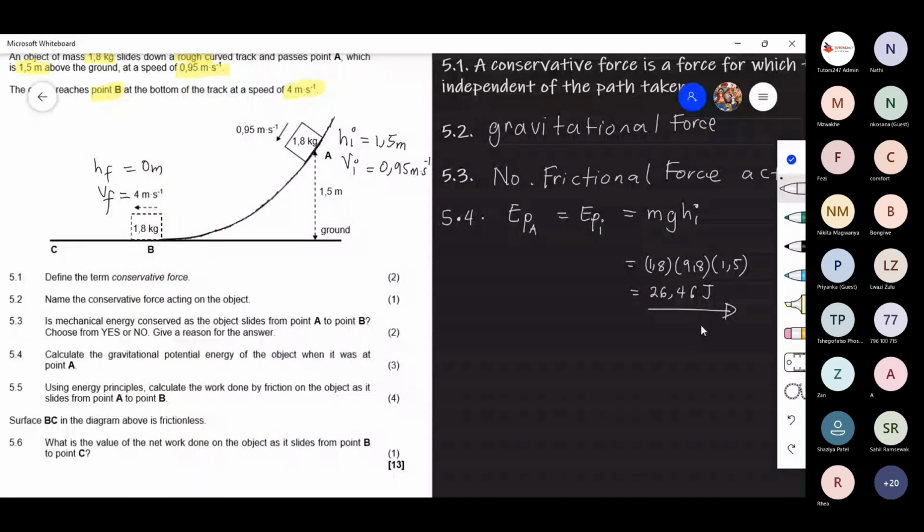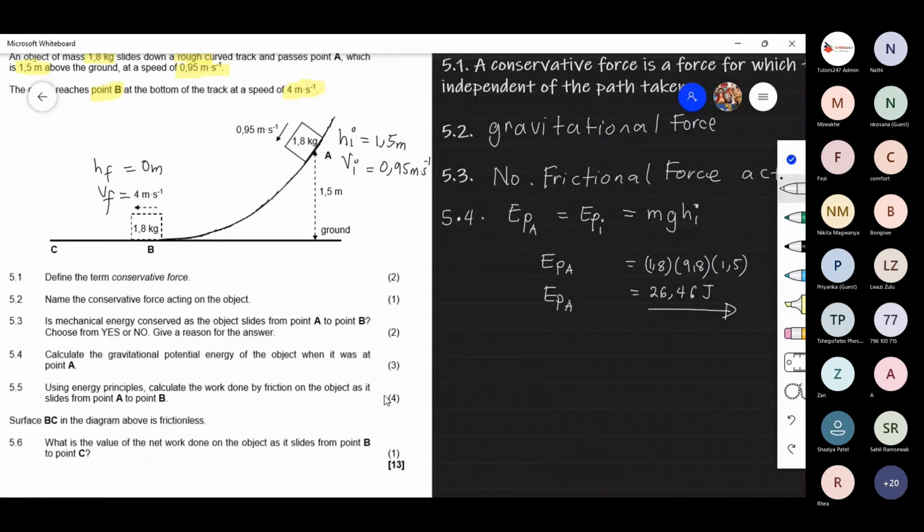So work, which is a form of energy, kinetic energy, mechanical energy, gravitational potential energy, those are all calculated in joules. So that is the gravitational potential energy at point A.